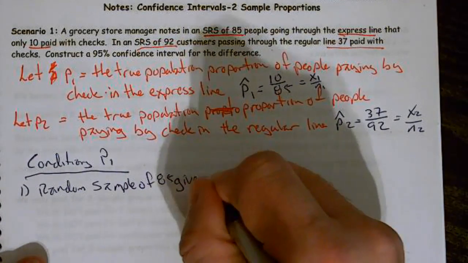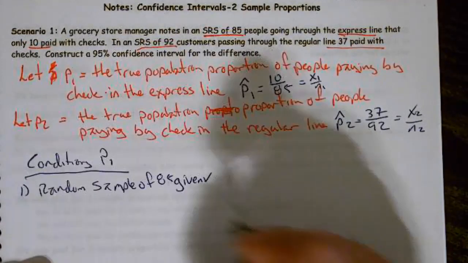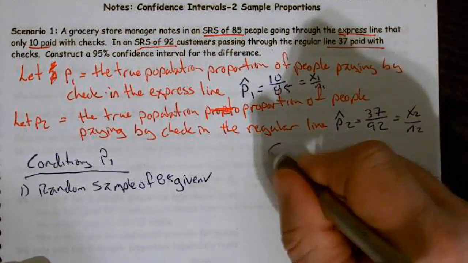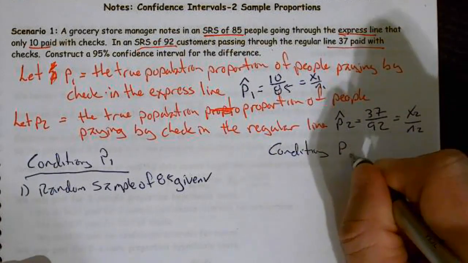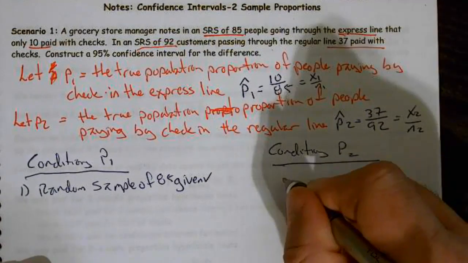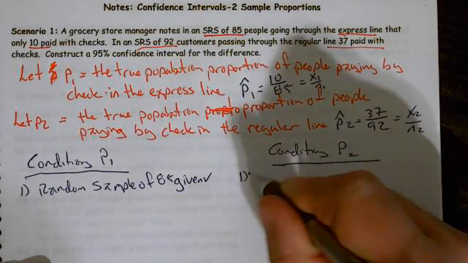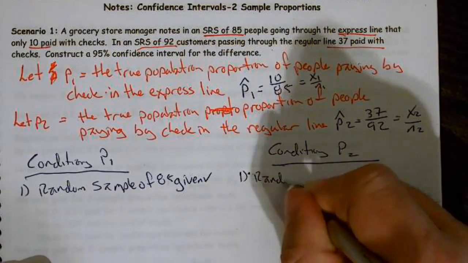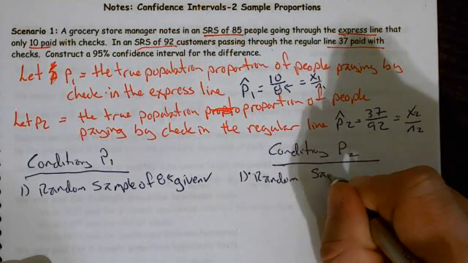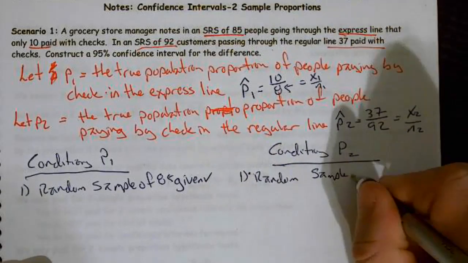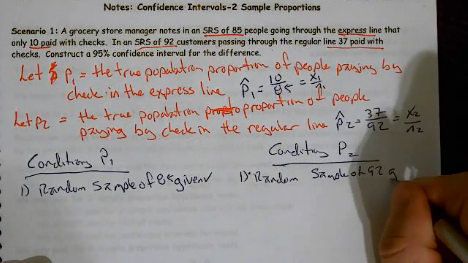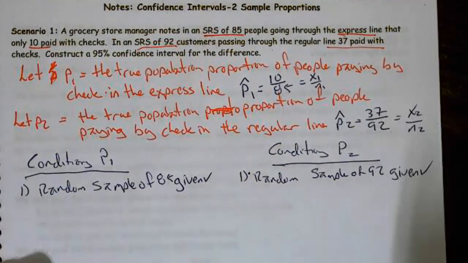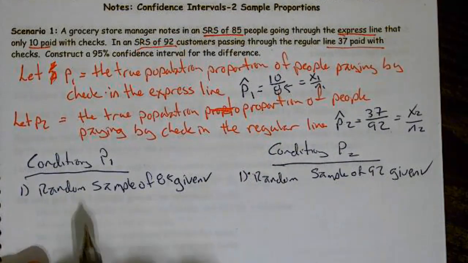And I'm going to expect you to do the same. Over here, I also have a condition for P2. And random sample of 92 given. And I'm going to expect you to give the size, just like I did.